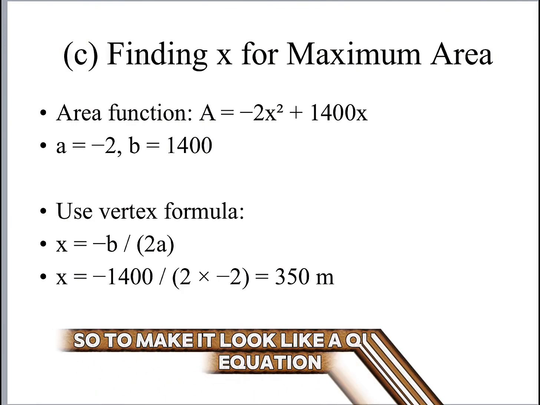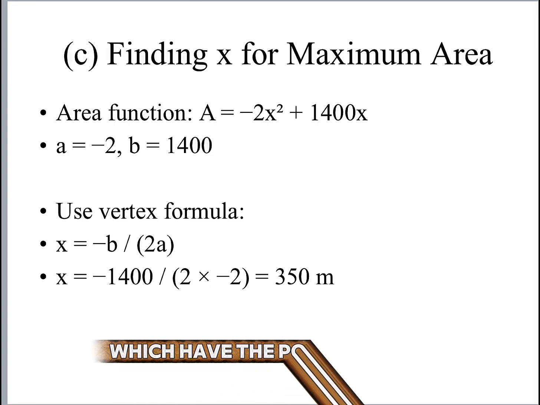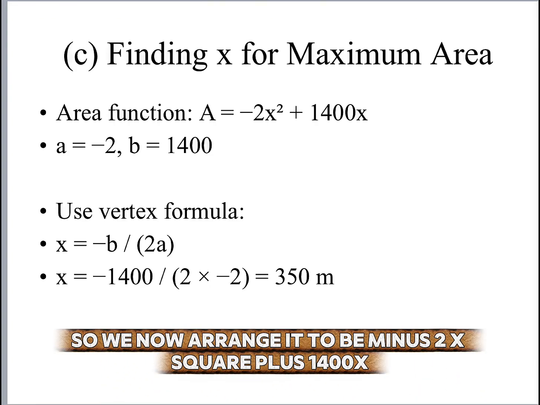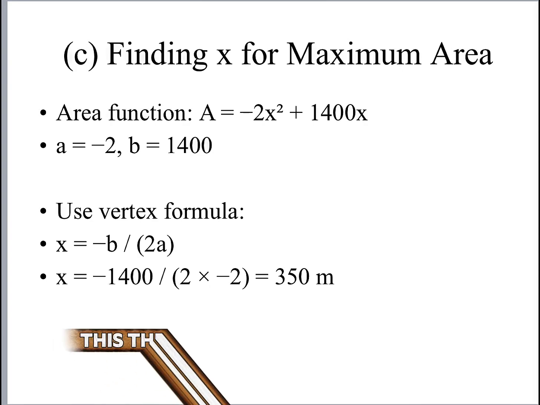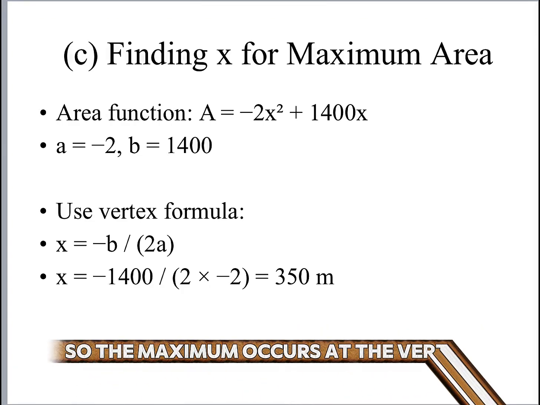To make it look like a quadratic equation, we arrange it to be minus 2X squared plus 1400X. This is a parabola that opens downwards, so the maximum occurs at the vertex.